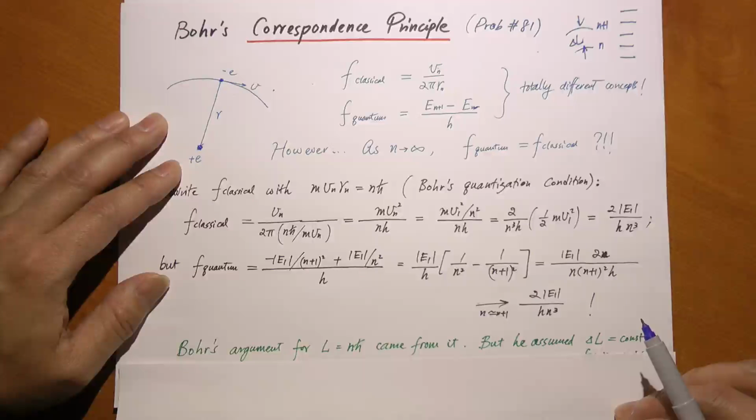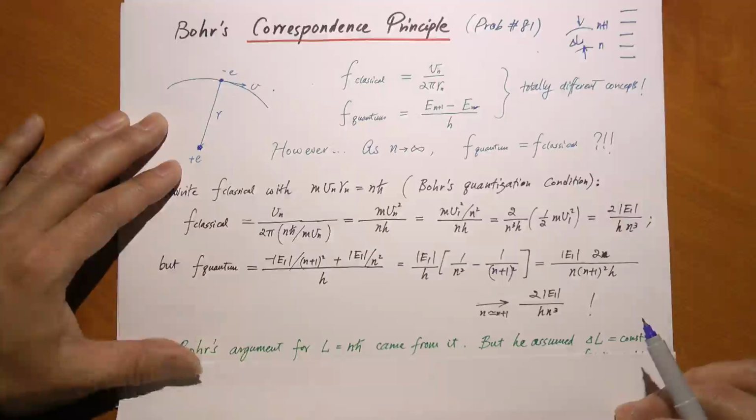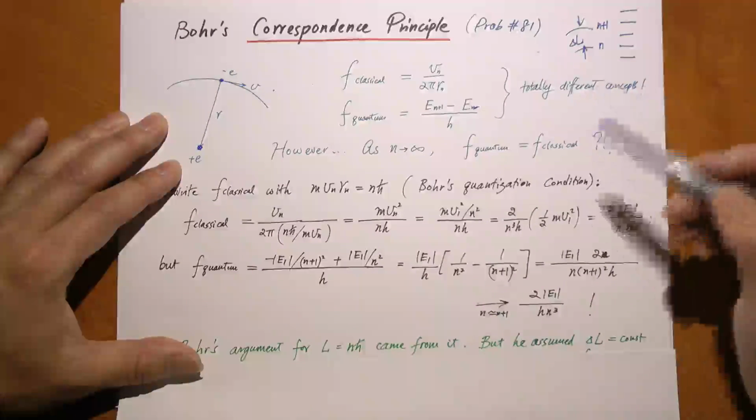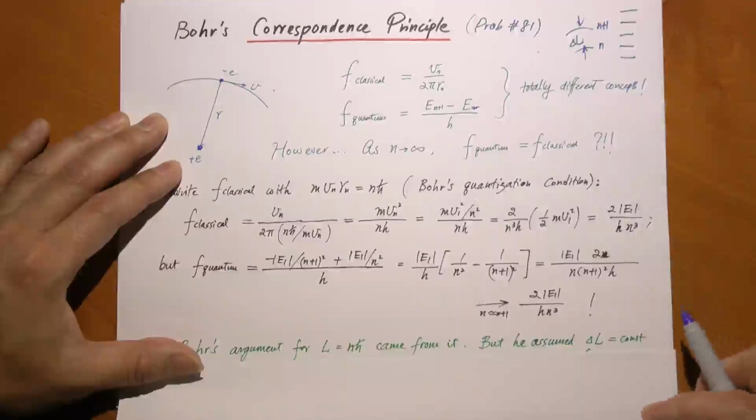The new quantum mechanics treats the hydrogen atom in a different manner. We don't have to make any of these hypotheses, the quantization of this and quantization of that. All we have to do is write down the Schrödinger equation for the hydrogen atom. It's a three-dimensional equation with the Coulomb potential as the potential, and we just go ahead and solve it.